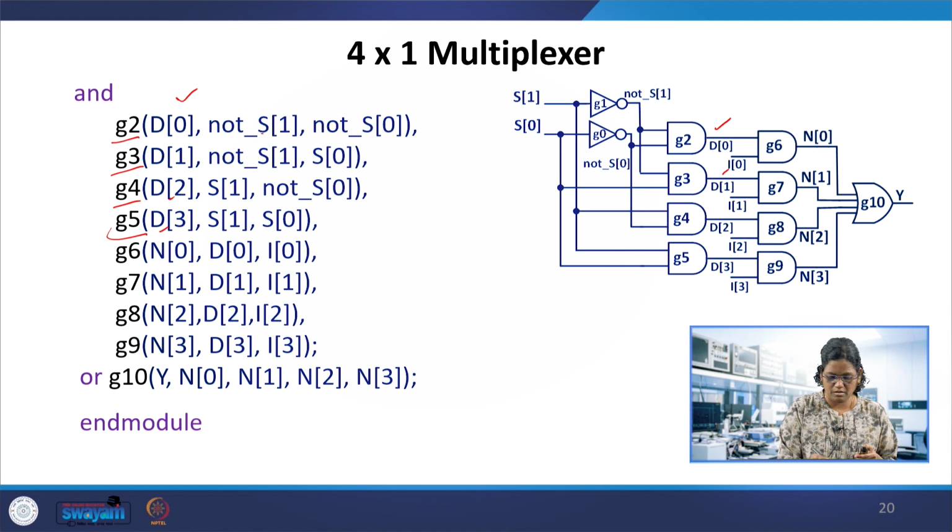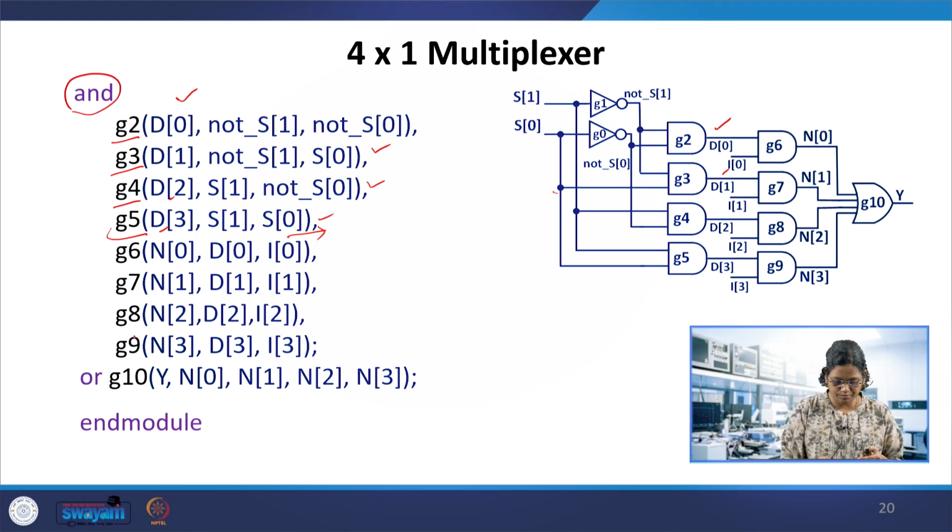Then, comma, the inputs are not S of 1 and not S of 0 for the first gate, not S of 1 and S of 0 in the second gate, and similarly the third and fourth. You see the commas over here. This is not complete, and you have also combined these instantiations G6, G7, G8 and G9. These are also AND gates, so the AND is mentioned only once.